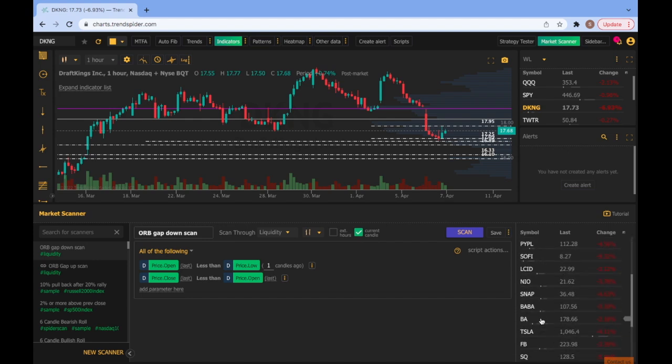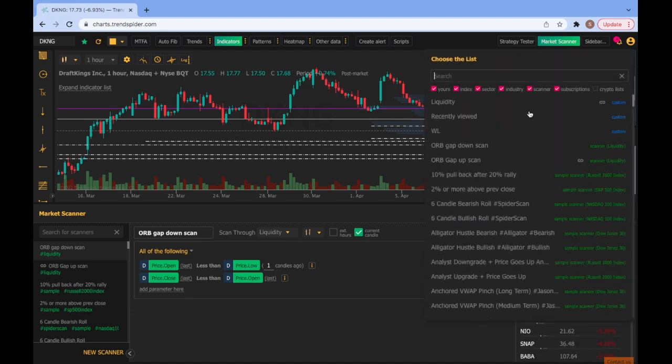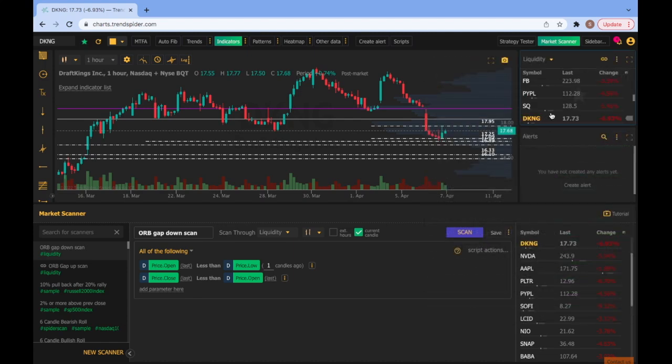Some days there are gap ups. I've gone through and created a liquidity watch list here. These are just names off that top 75 of Unusual Whales to ensure that I have liquidity, and I've traded them at least once or twice, so I know a little bit of how they move. This is how I find those gap plays, which I really love using the ORB method.